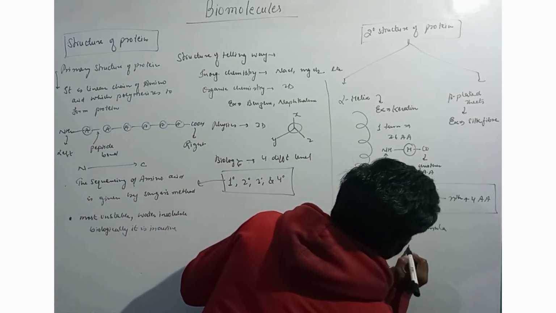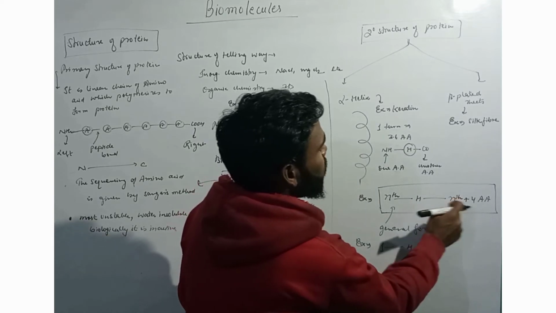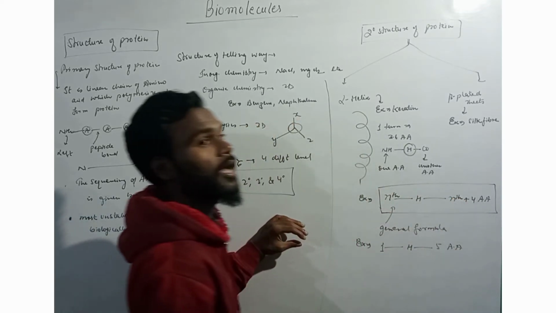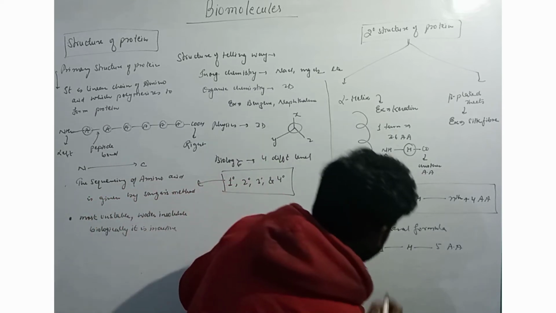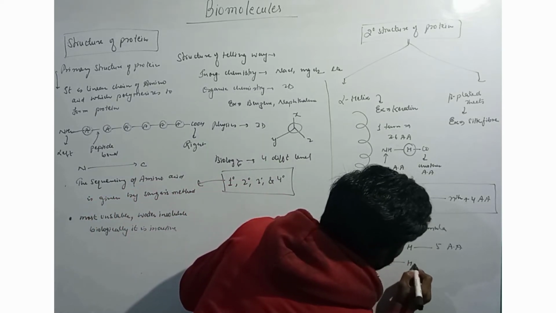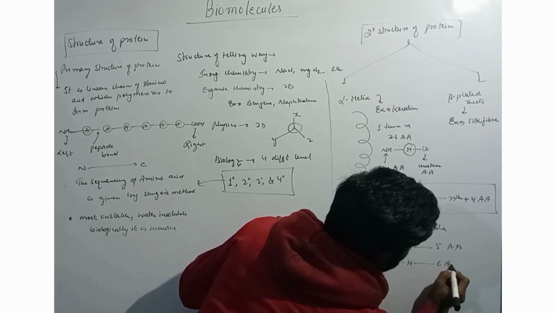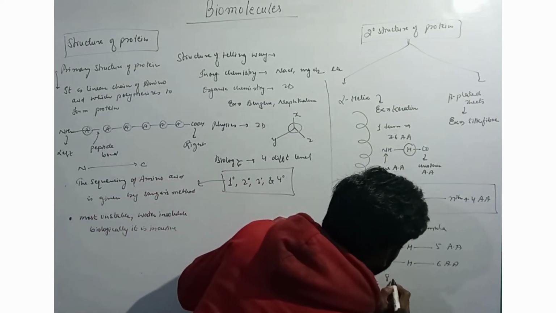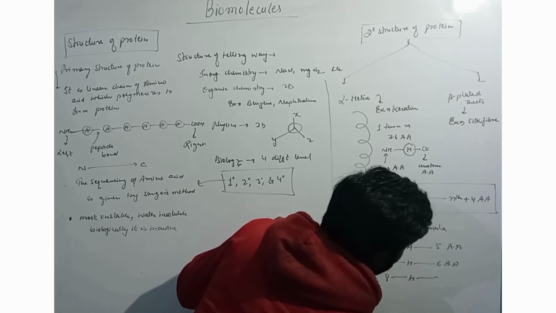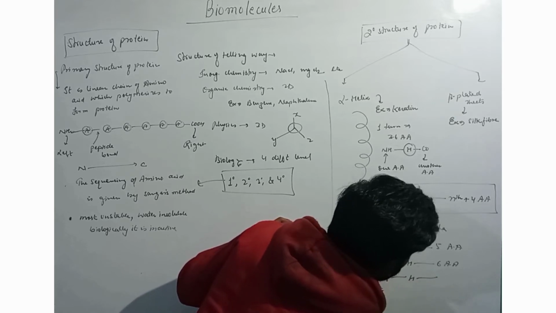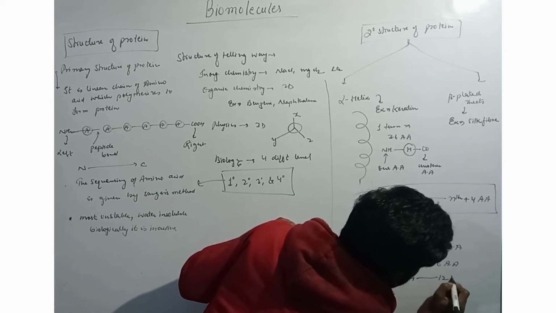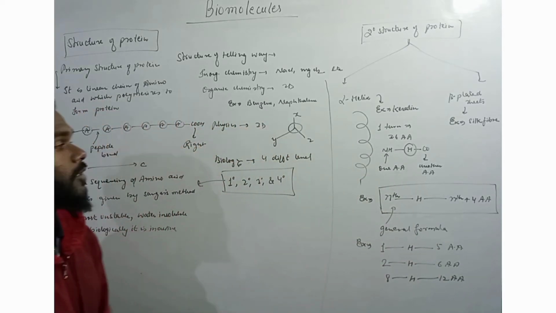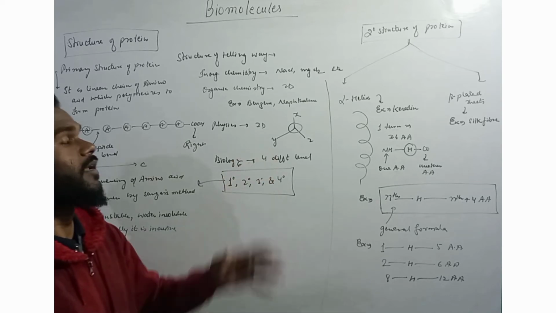It will make the hydrogen bond with first plus 4, that is the fifth amino acid. In the same fashion, the second amino acid will make the hydrogen bond with the sixth amino acid. In the same fashion, the eighth amino acid will make the hydrogen bond with the 12th amino acid. This is how the hydrogen bond stabilizes the secondary structure.